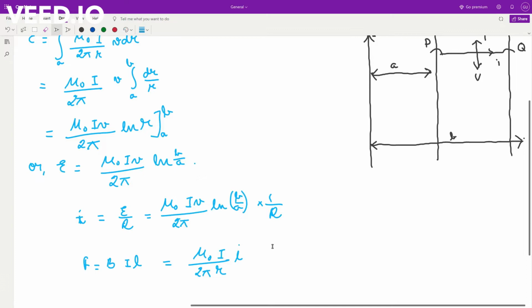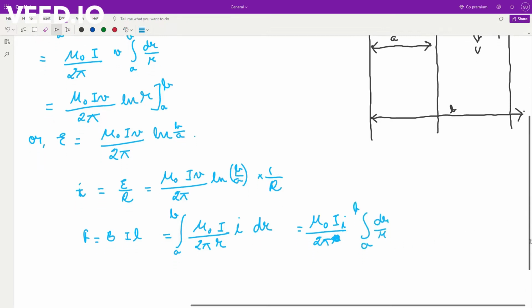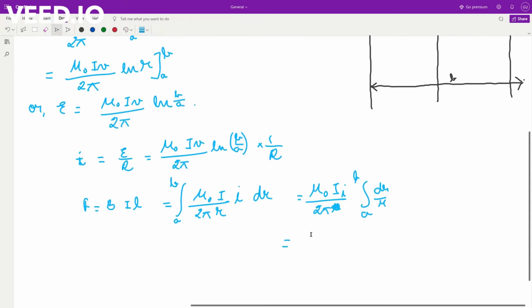We can just write i over here, and L is dr, so we need to integrate it from A to B, and then we will get mu naught I by 2 pi into i, integration from A to B of dr by r. We know integration of dr by r is ln r, and on putting the limits we will get mu naught I by 2 pi i ln B by A.